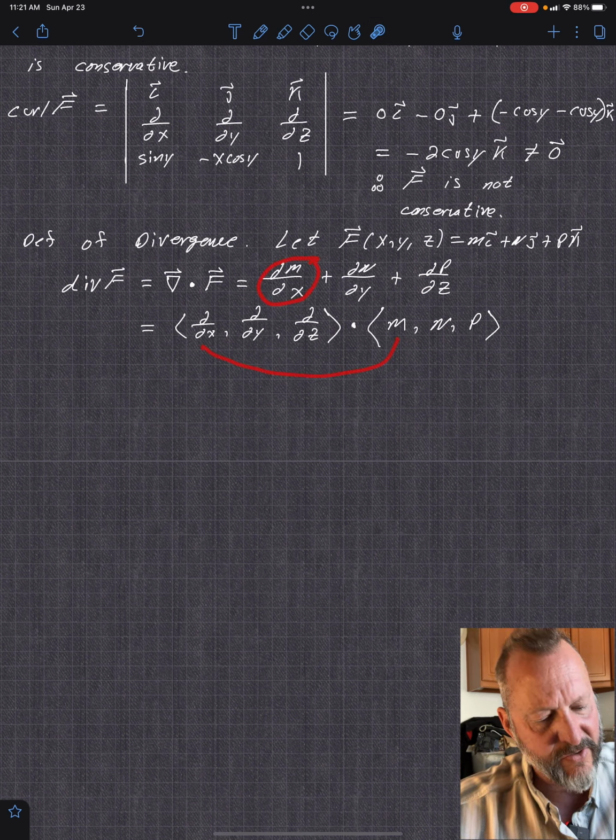Remember, it's a dot product, so you add the next one, and then the next one, etc. So it's a calculation. It's pretty straightforward. It's a little easier than curl. I'm just presenting it now because we will use it later for one of the theorems. I believe it's the divergence theorem, which you end up doing that calculation.